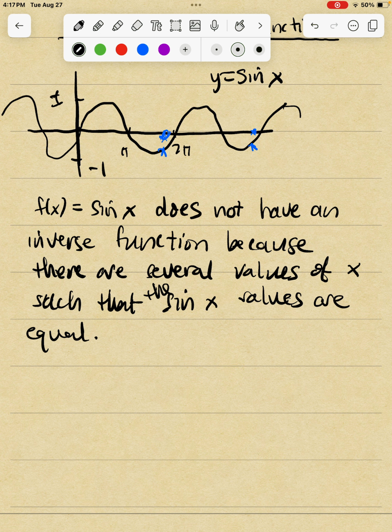However, if you only look at a piece of the sine function, from negative pi over 2 to pi over 2, here's negative pi over 2, the sine of negative pi over 2 is -1, and sine of pi over 2 is 1.